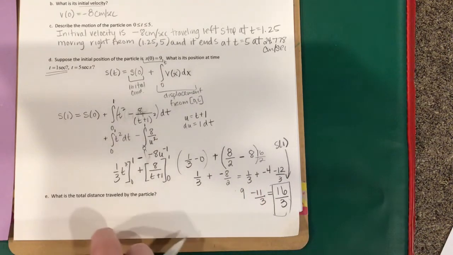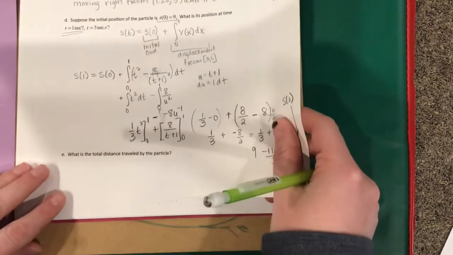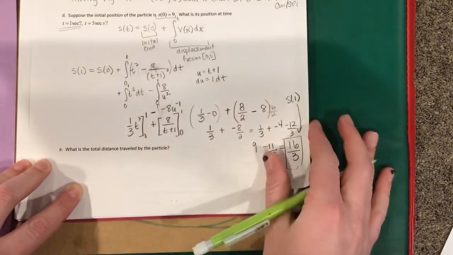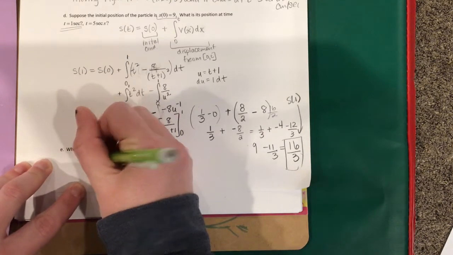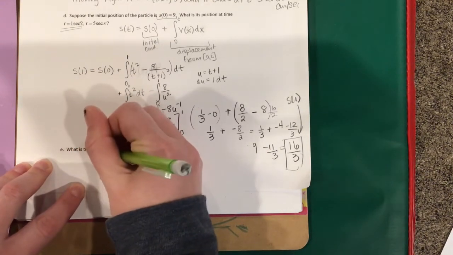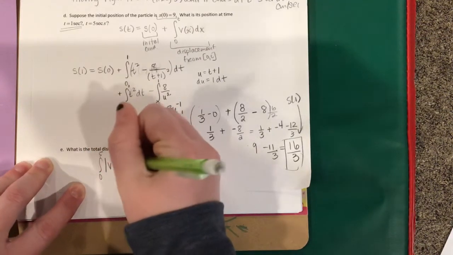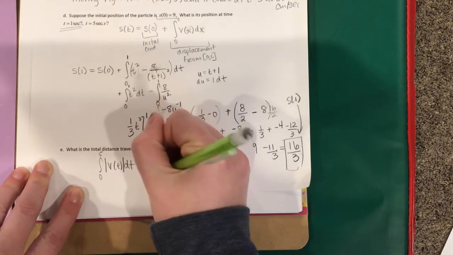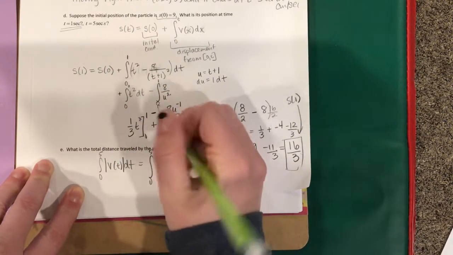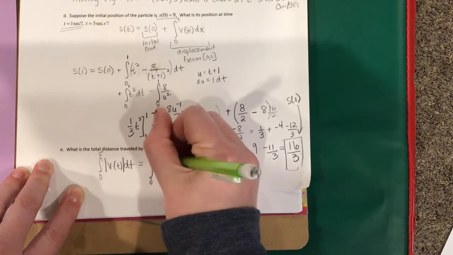Now, if you guys were looking to find your total distance traveled, well, then we would end up having to figure out the total distance traveled from 0 to 5 of the absolute value of v of t dt. And so then we're dealing with the same thing again.